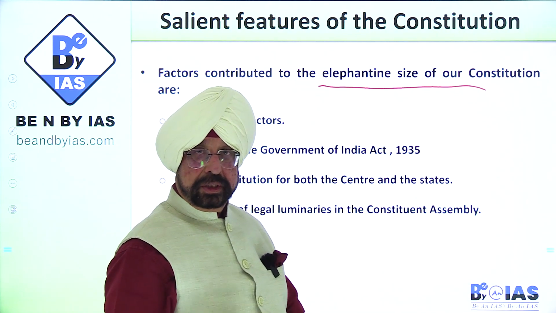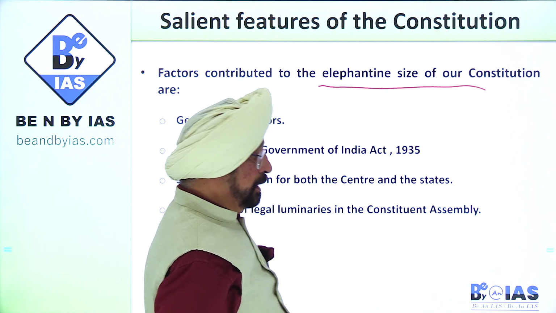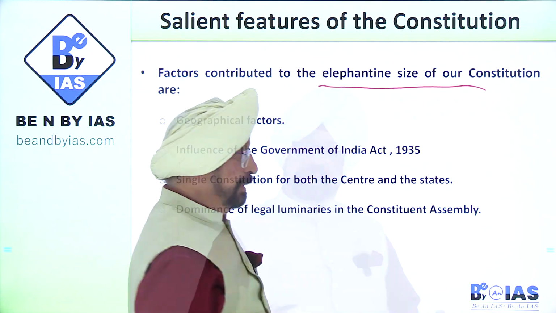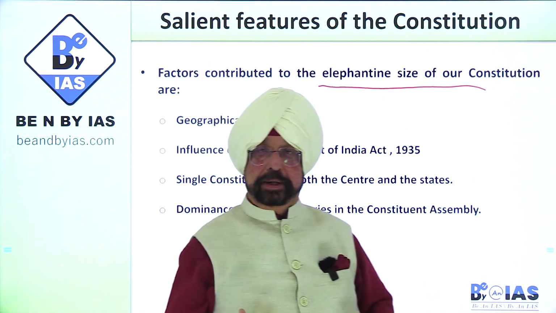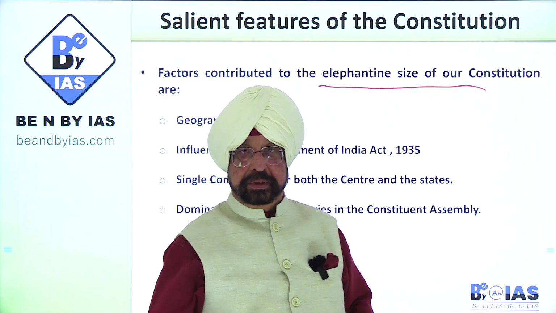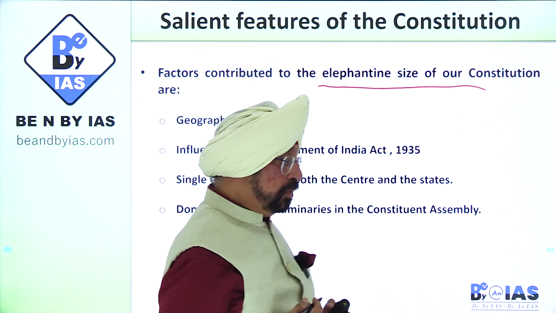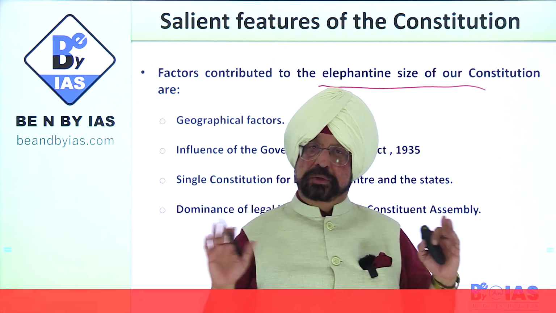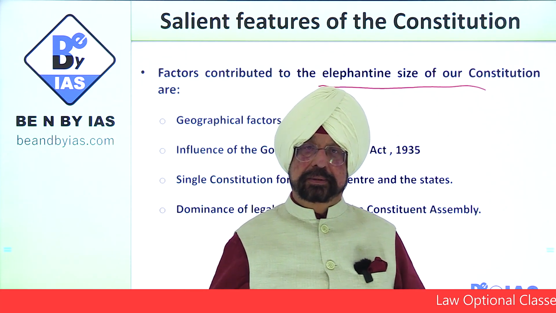It's huge in size with more than 400 articles, with 12 schedules and 25 parts. It's a huge document as compared to all other constitutions of the world. So what has led the constitution makers to opt for such a huge supreme law of the land?